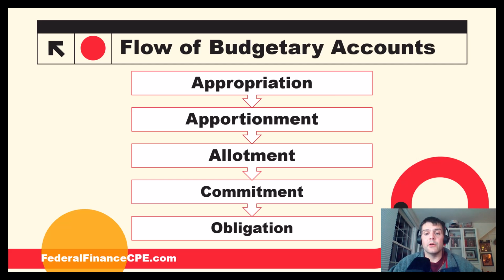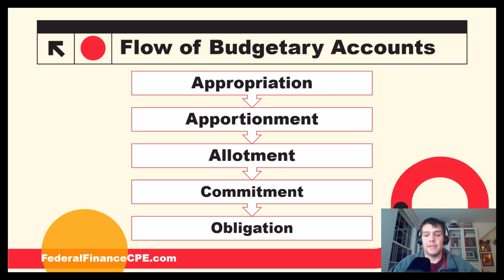Here's a common flow of federal funding for a very common type of budget authority, an appropriation. This flow has 5 main steps through which federal dollars travel. Let's look at them from top to bottom. The first step is an appropriation. This is Congress saying, here's how much you have for this purpose.